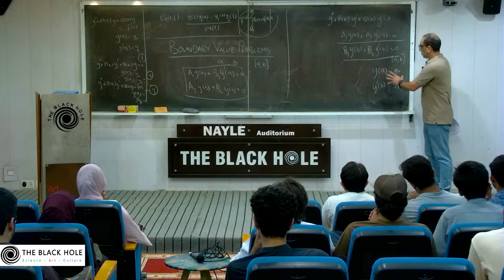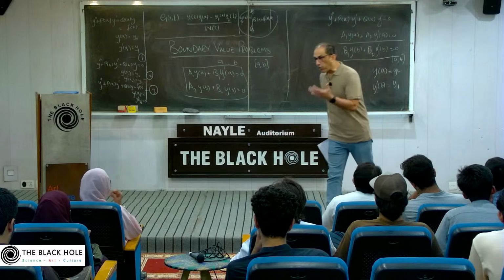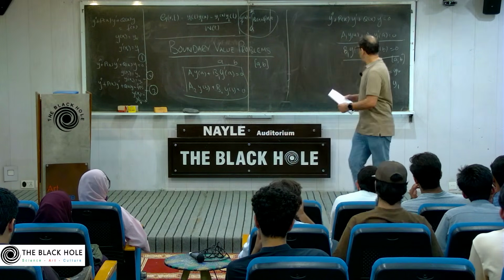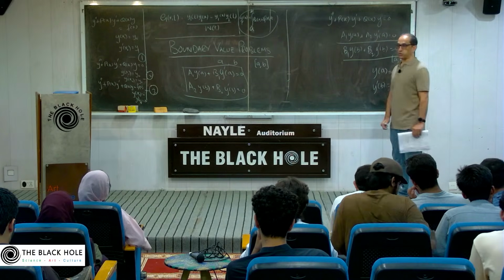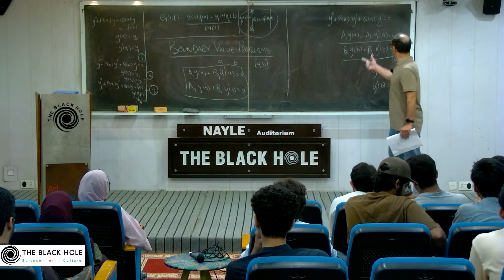The question is, how do you write all the possible combinations that are available to get two conditions? That was the goal. So this is the only way.